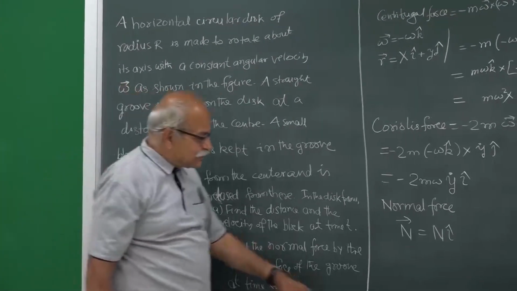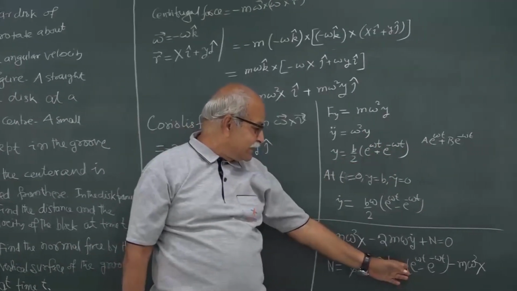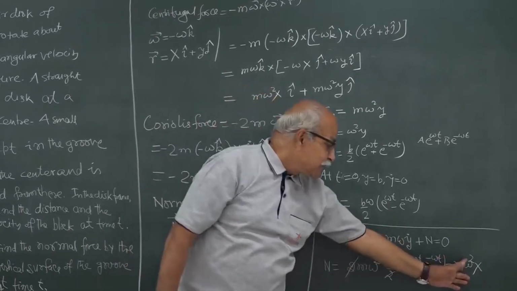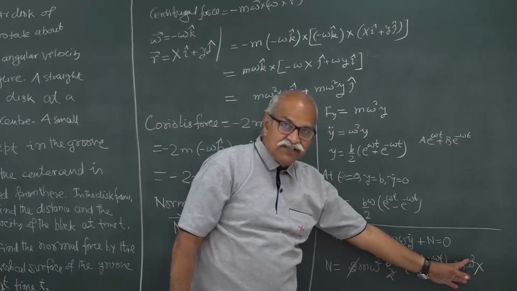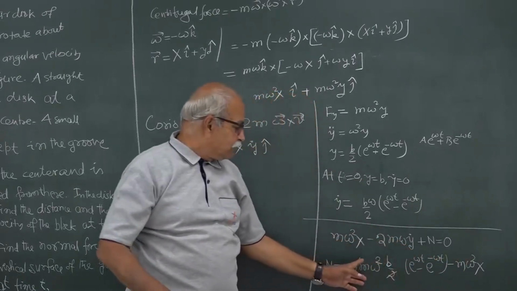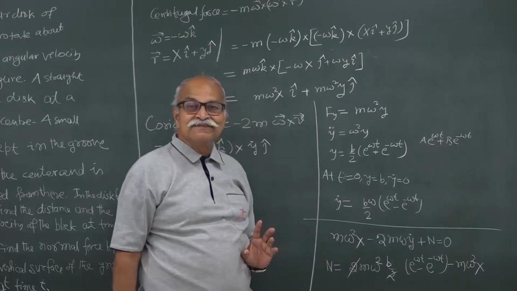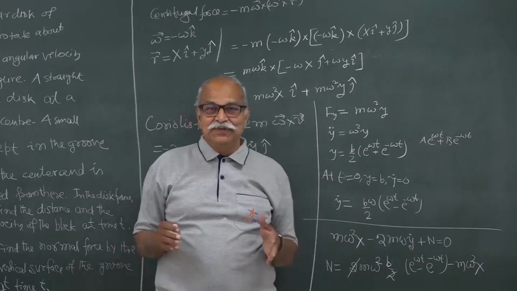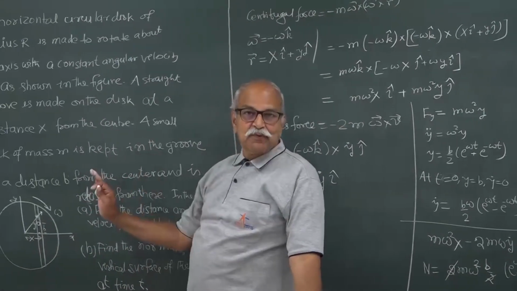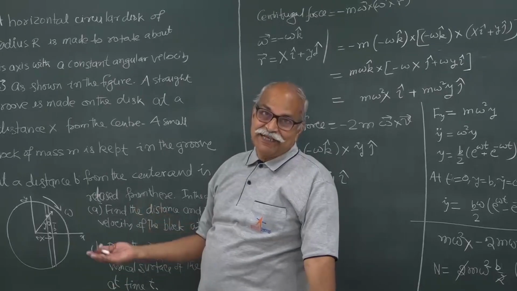But then this y dot is increasing, and it may become equal to this, in which case the normal force will be 0, and after that this will be further increasing, and this may become positive. So, that means to start with, you have this outer wall which is pushing it more than the inner wall, and the things can reverse after some time.